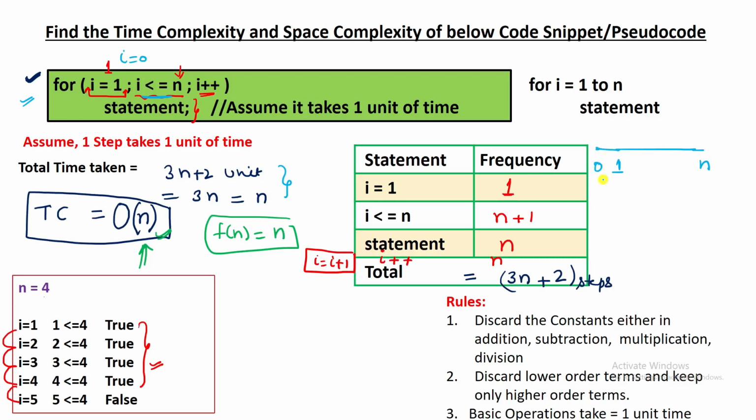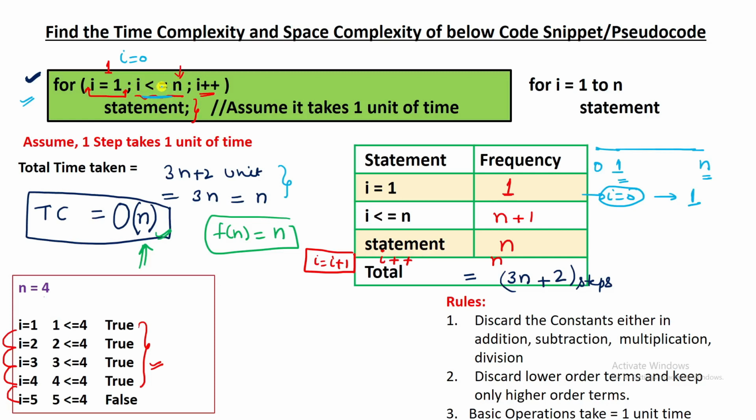So it will take more steps to reach n in comparison to when i was 1, right? The statement i equal to 1 has been changed to i equal to 0, so this will be done one time only. And i less than n, how many times will this be done?